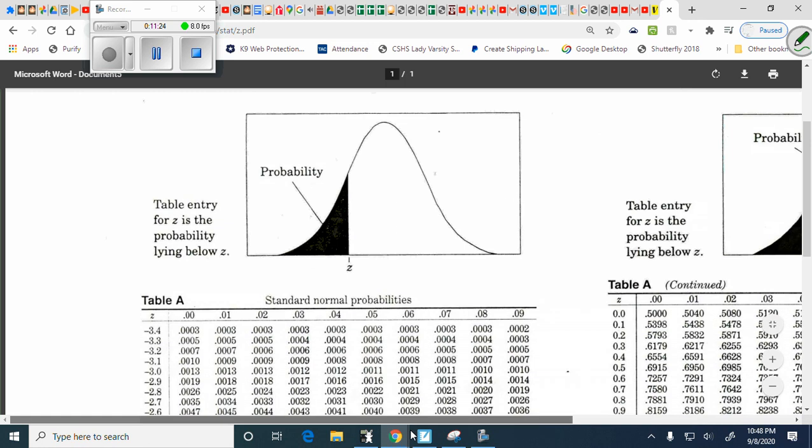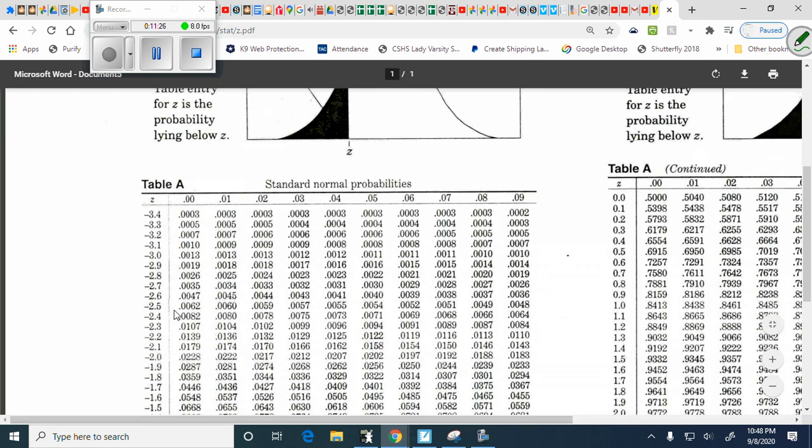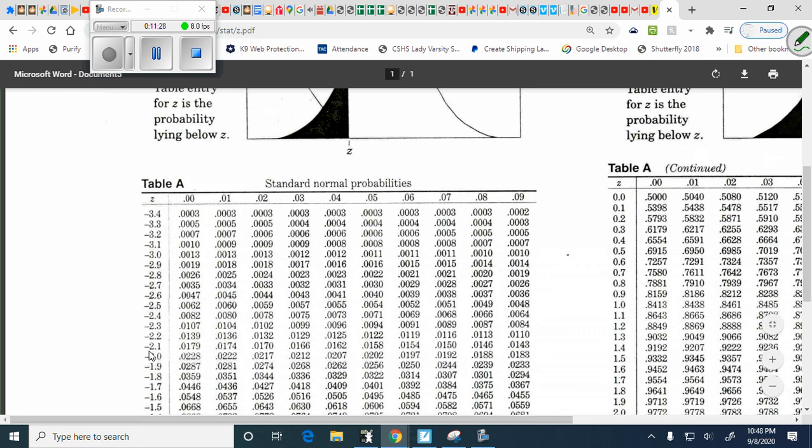Now, as I continue to look, I see, for example, on the left side, I've got this column of Z's, and they're all negative. But over here, I have a column of Z's, and they're all positive. And then in the middle, I have a whole bunch of numbers with some hundredths up here at the top.